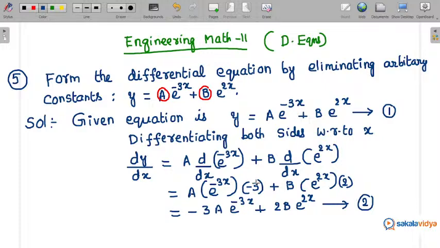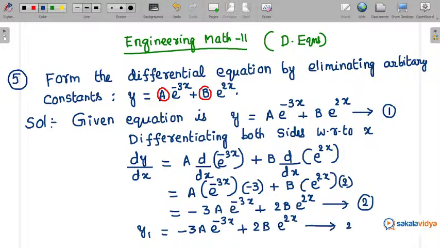So again we need to differentiate. Same, this dy by dx we can write like this also. So y1 equals negative 3a e power minus 3x plus 2b times e power 2x.